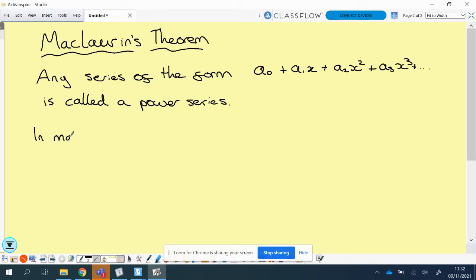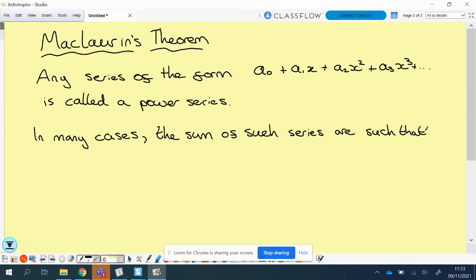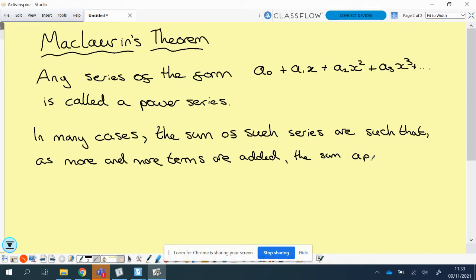Now, in many cases, the sum of such series are such that as more and more terms are added, the sum approaches more and more closely to a particular limit.